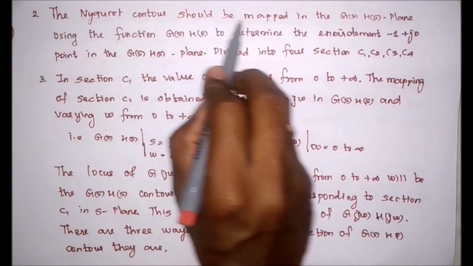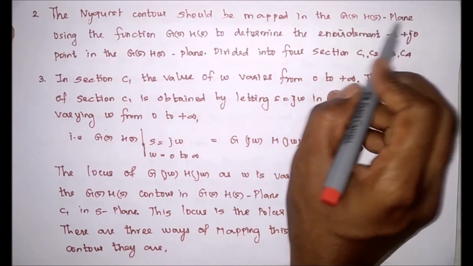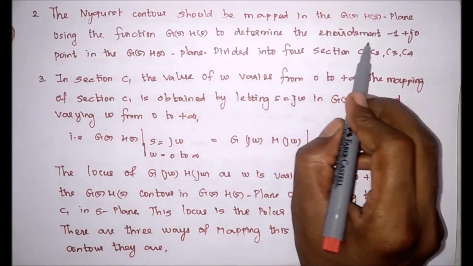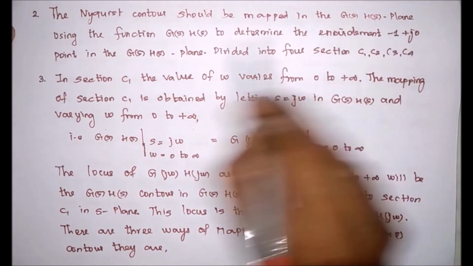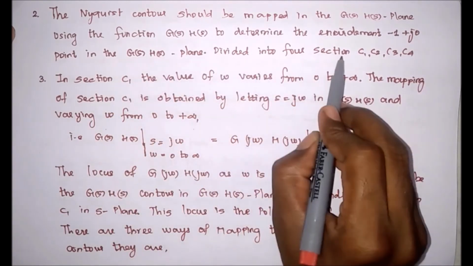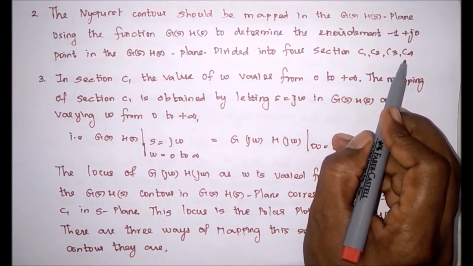The Nyquist contour is mapped using the function G(s)H(s) to determine the encirclement of the -1 + j0 point in the G(s)H(s) plane, divided into 4 sections: C1, C2, C3, C4.